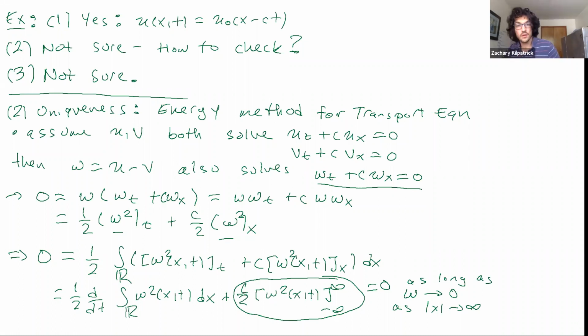So the next part now is to just take what remains and see that it works out that this implies that W is going to be 0, okay? So what we end up with is d/dt now of this integral is equal to 0, okay?